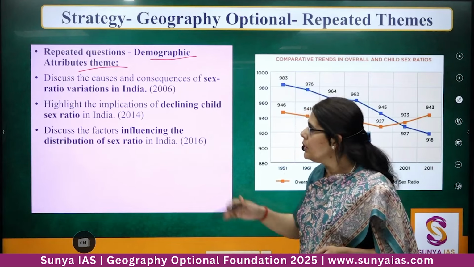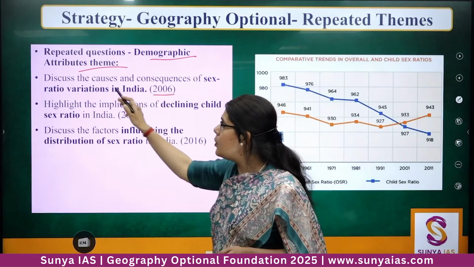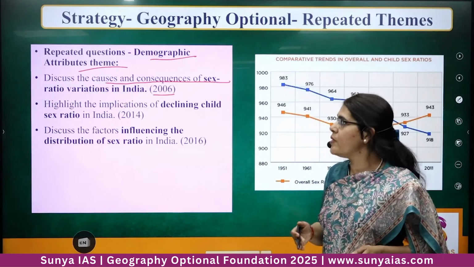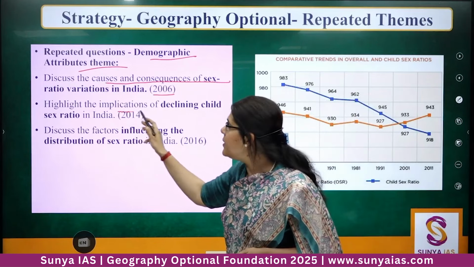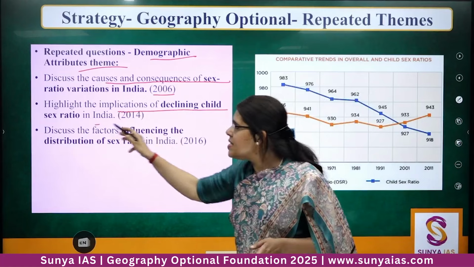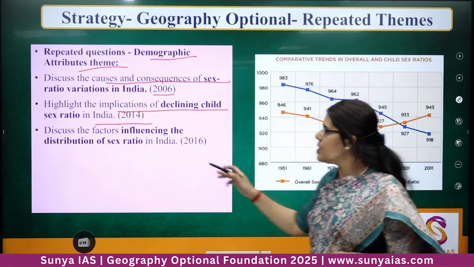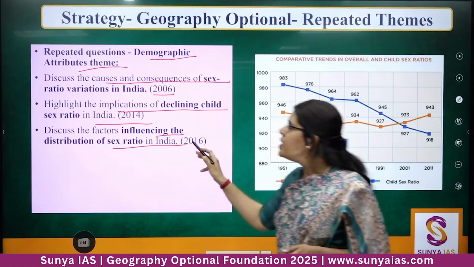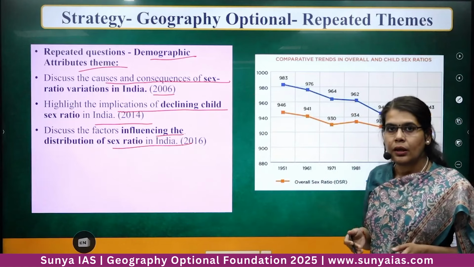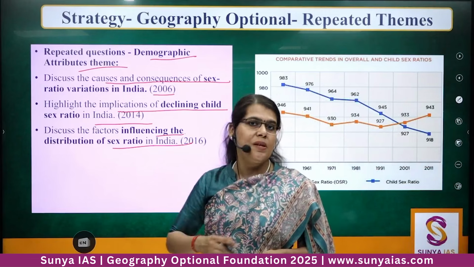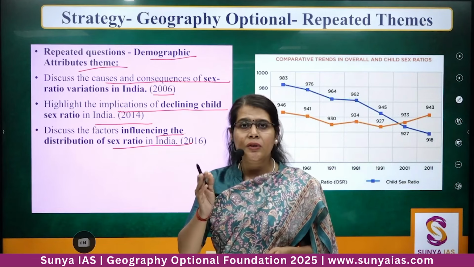For example, in 2006 they asked: discuss the causes and consequences of sex ratio variations in India; highlight the implications of declining CSR in India; then again, discuss the factors influencing the distribution of sex ratio in India. Now, if you have an understanding that this theme has been asked repeatedly, what would that mean?